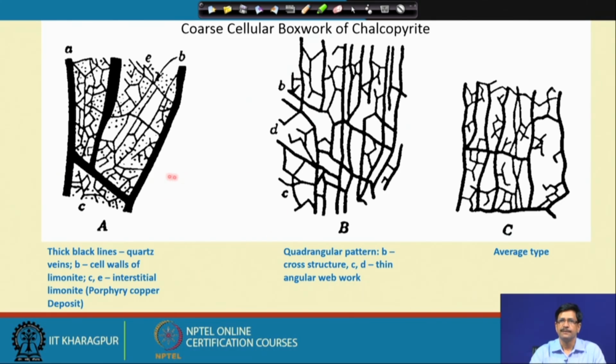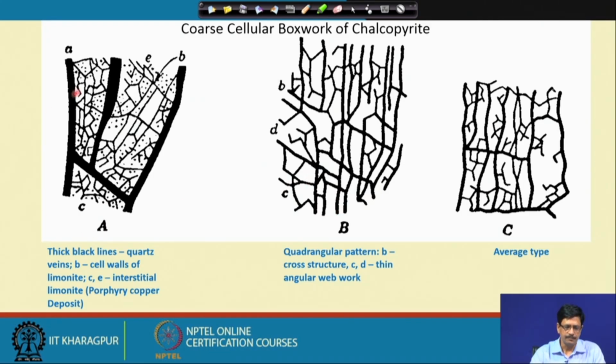So, these serve as very good geological indicators for exploration. That means the process of finding new ore bodies, or finding ore bodies in areas where they are not known to occur.